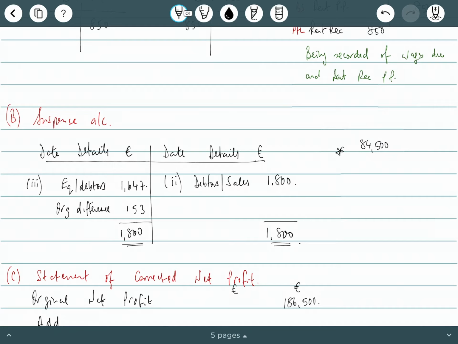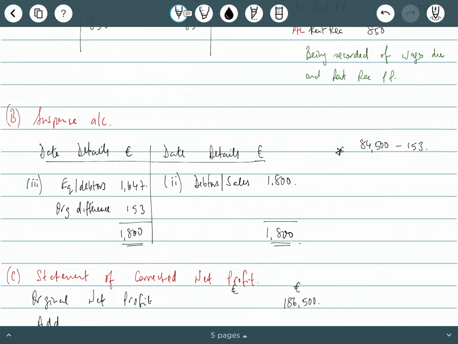Well, the debit side was down by 153. Original difference, debit side was down by 153. Now stock is an asset. An asset is in the debit column. If the general journal was down by 153, that means they have to add it back onto stock to bring the debit side up. Therefore, we need to take it away.